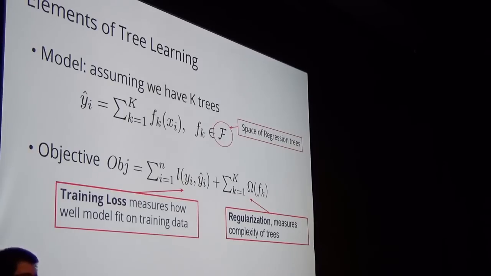There are objective functions for doing regression to give you a good prediction score. There are objective functions for doing classification or predicting the click-through rate, of whether a user will click through your data. And more importantly, there's a second term, the regularization, that measures the complexity of a tree. It means that you want to encourage trees that are simple.